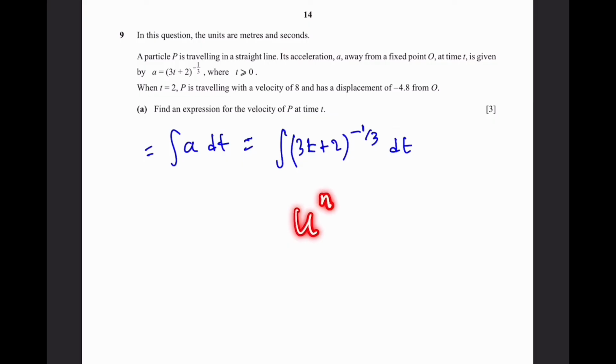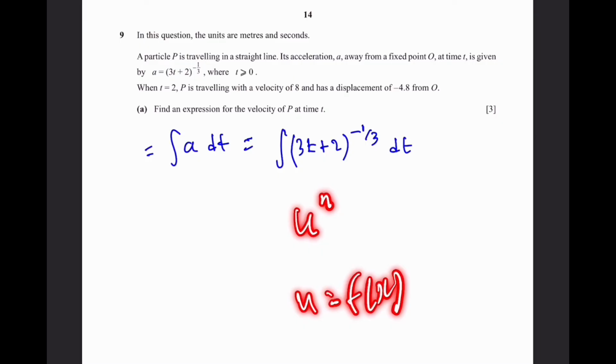Well, we have the acceleration function, so of course, we're going to find the velocity. It's just going to be the integral of the acceleration. So that's going to be the integral of a dt. And this a is a function of t. So (3t plus 2) to the power of minus 1 by 3 dt. Now the integral of some function to the power of n, so let's say it's u to the power of n, where u is equal to some function of x.